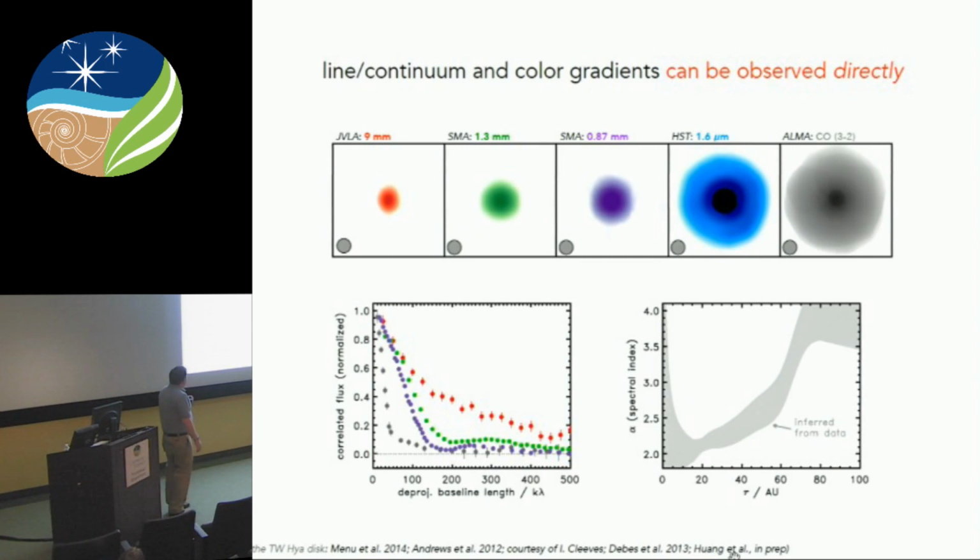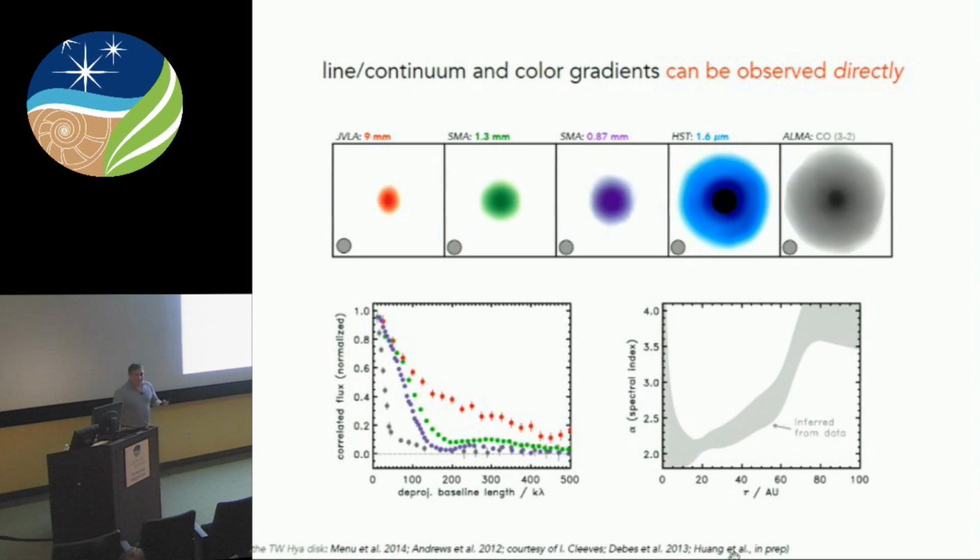Technically, it's difficult to just make a plot like this and publish in this field. You have to actually quantify the size, because there are tricks to your eye from spatial distributions. What we really measure with the interferometer, and forgive me for delving into this, is what we call a visibility profile. These are the amplitudes of the visibilities measured by the interferometer as a function of baseline length. This is really a Fourier transform of the radial surface brightness profile.